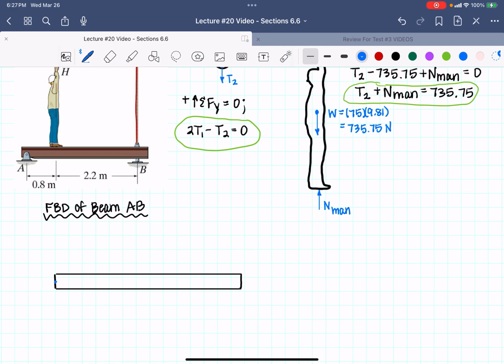So I'm going to have a vertical component in the Y direction. I'm going to have a horizontal component in the X direction, A of X. I've got the normal force of the man somewhere around here. Remember, it's opposite of where I drew it on the man, normal force of the man. I've got the weight of the beam in the middle.